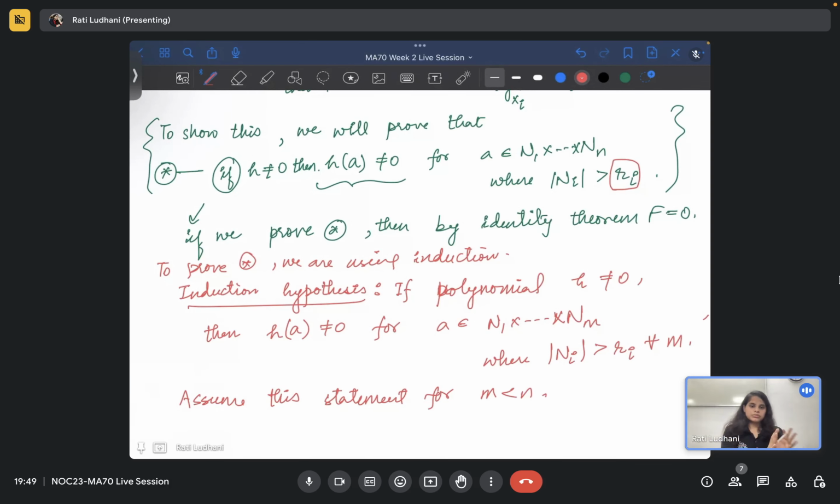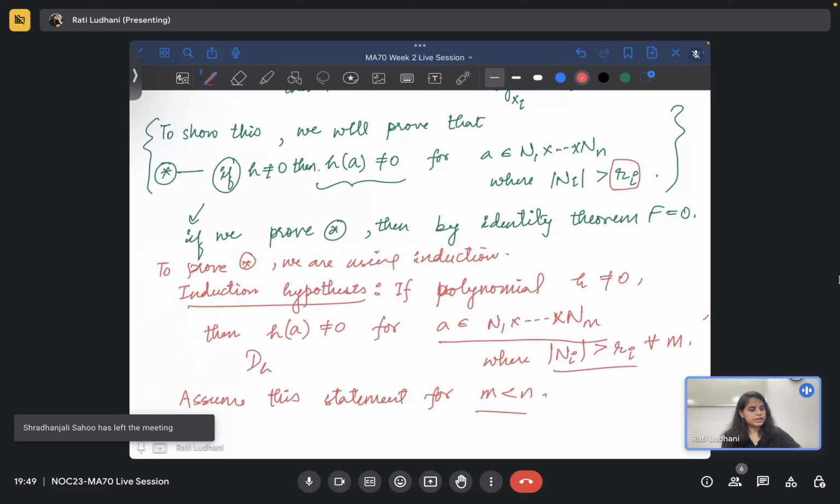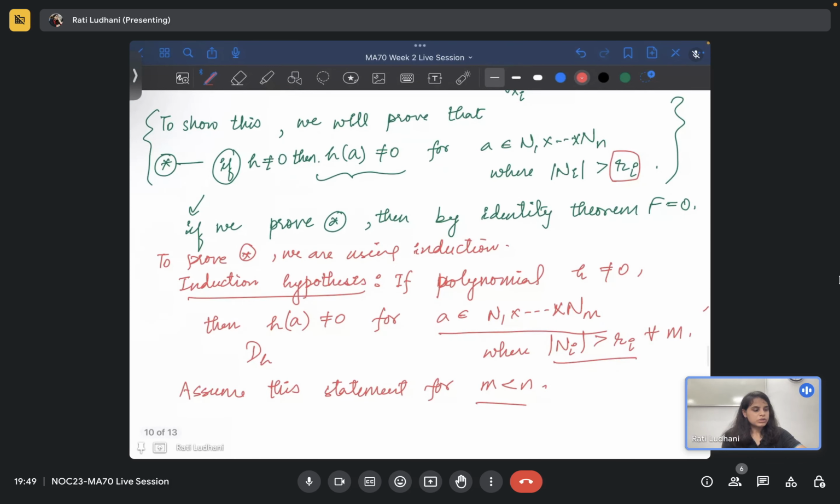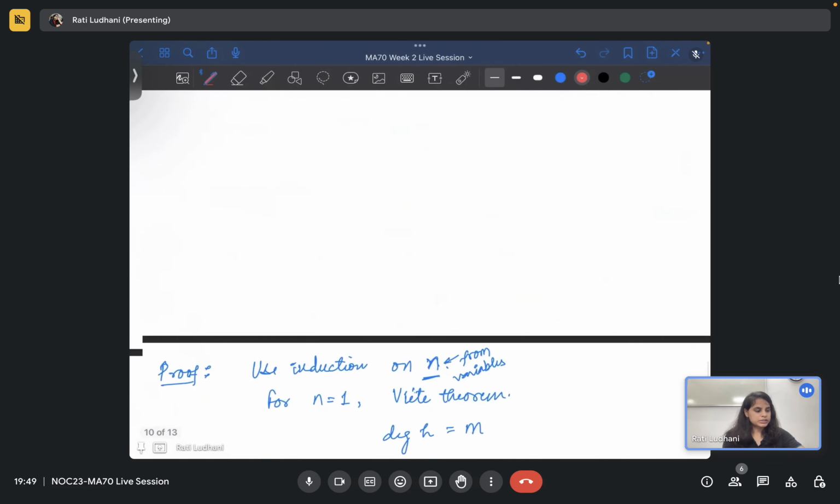So from the induction hypothesis we can use this statement. Whenever h is non-zero, then we have the non-zero set of h, basically all those points from N1 cross up to and so on Nm, such that cardinality of Ni is greater than ri for all i. Okay, so now I take m to be n minus 1, as in my case here.